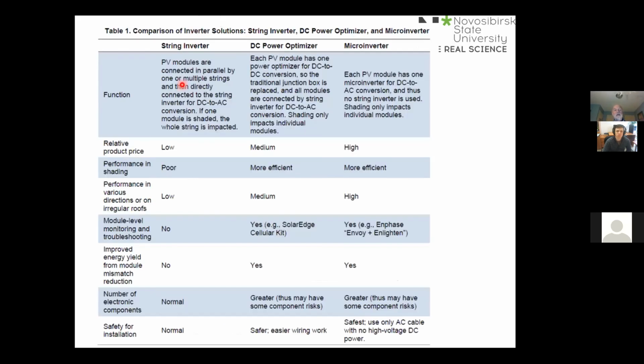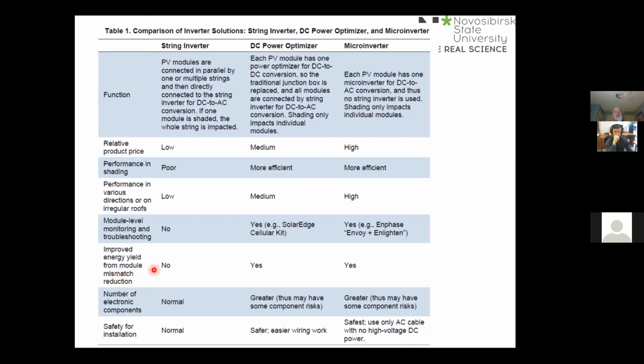And what that leads to is the idea of module mismatch. If you have two modules that are connected to a single inverter, and one of the modules has a different maximum power point to the other module, then the inverter will cause mismatch. You won't get the maximum amount of power out of both modules.